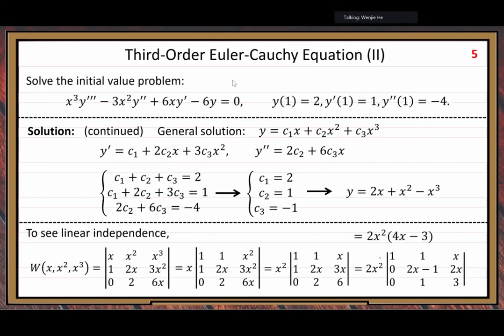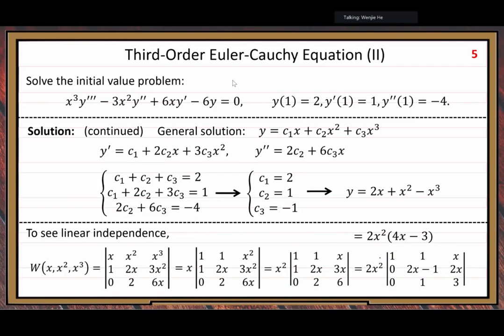Then at the end you get this polynomial. Based on our generalized result, if this polynomial is non-zero at one point in the interval, x1, we only need 1 point, then the functions are linearly independent. Let's say x equal to 1.